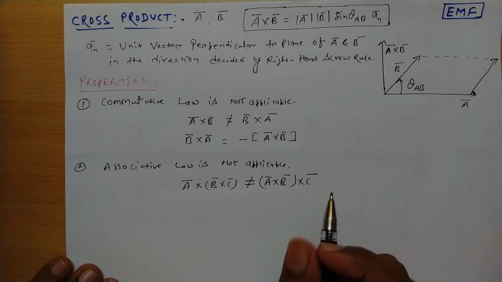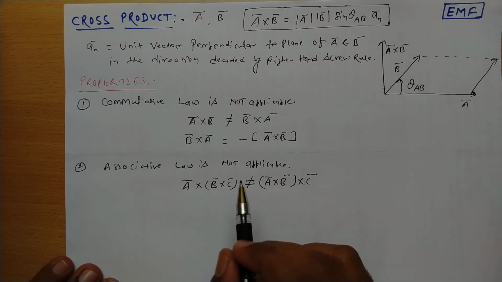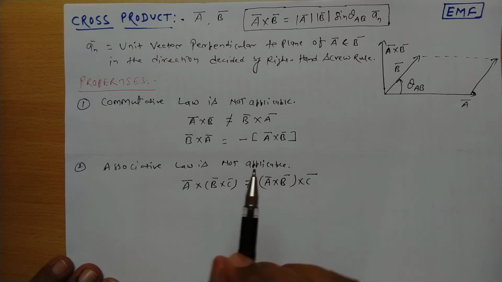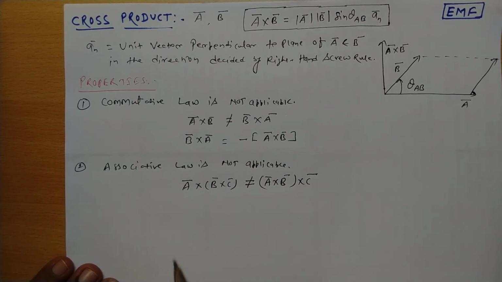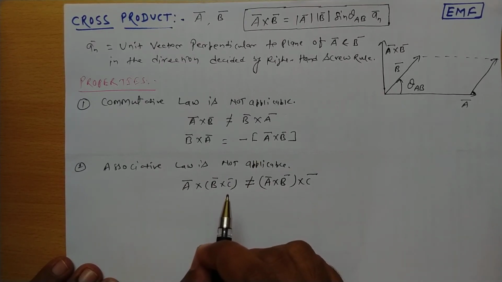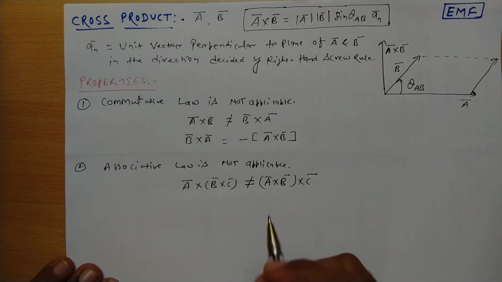As we have seen in the case of the dot product, that the dot product obeys the associative law, but the cross product does not obey the associative law.